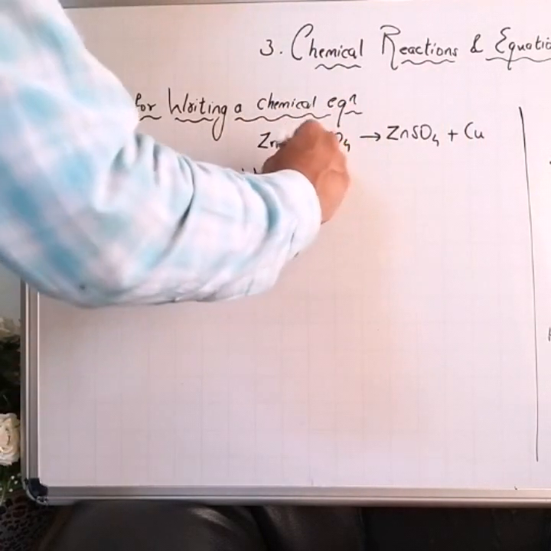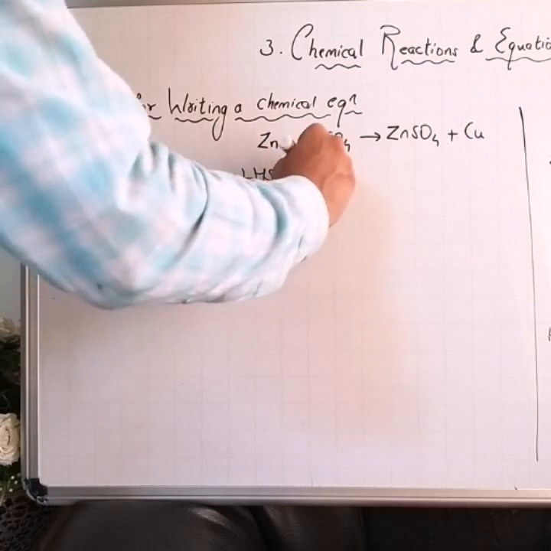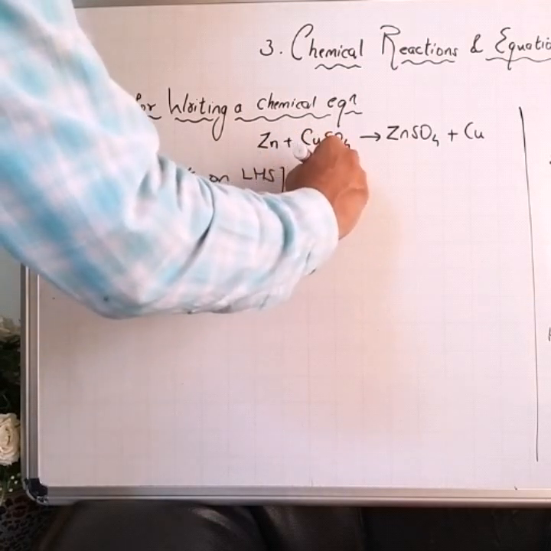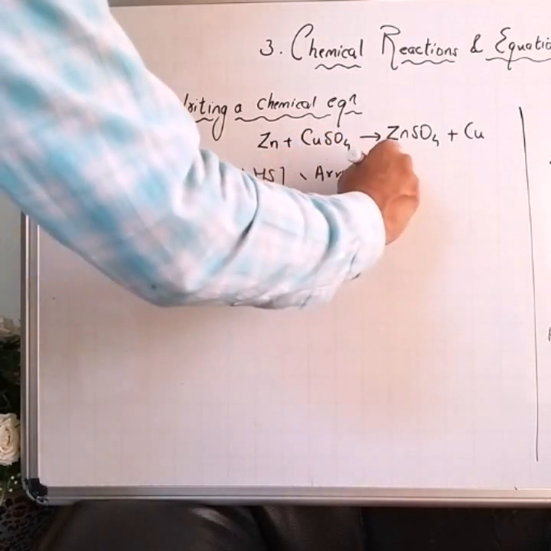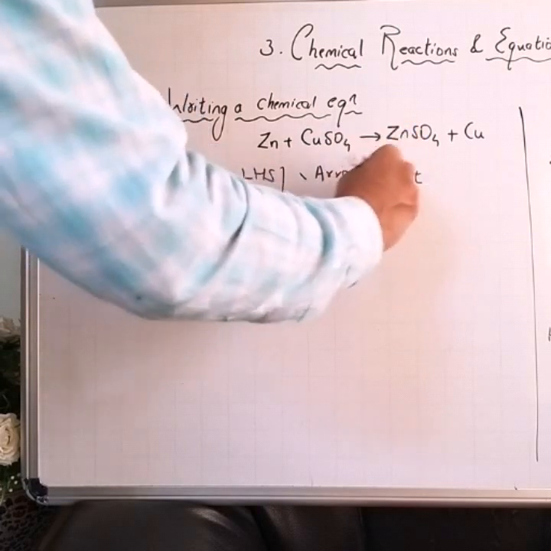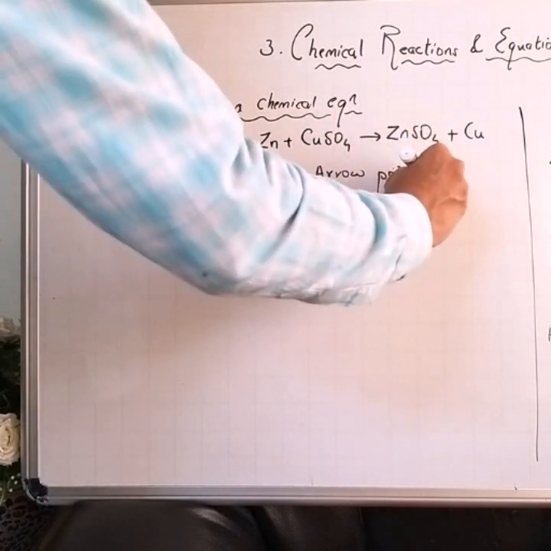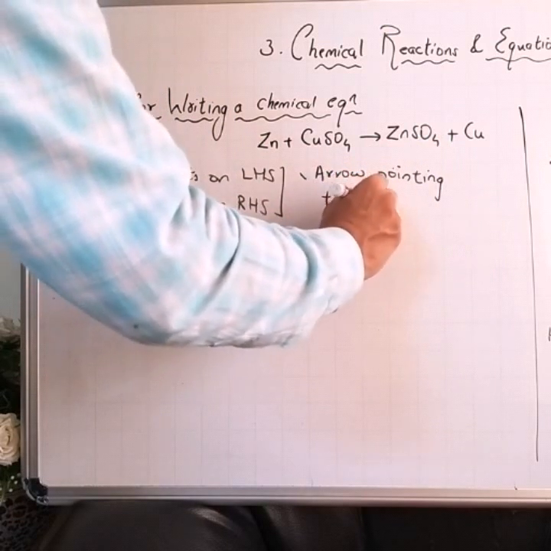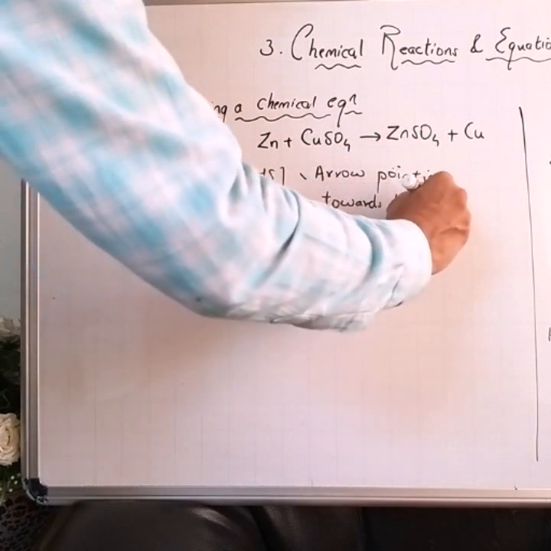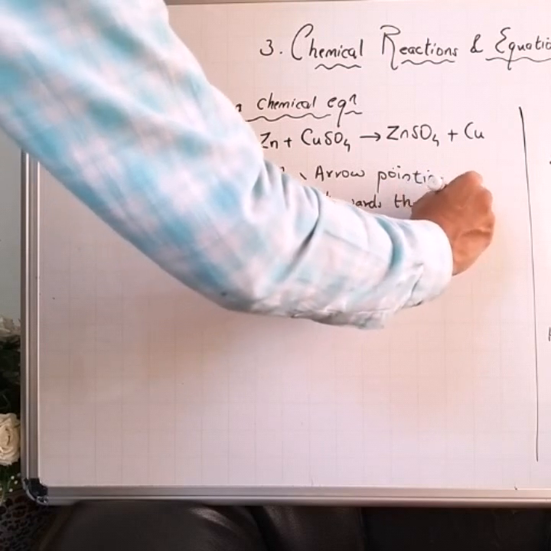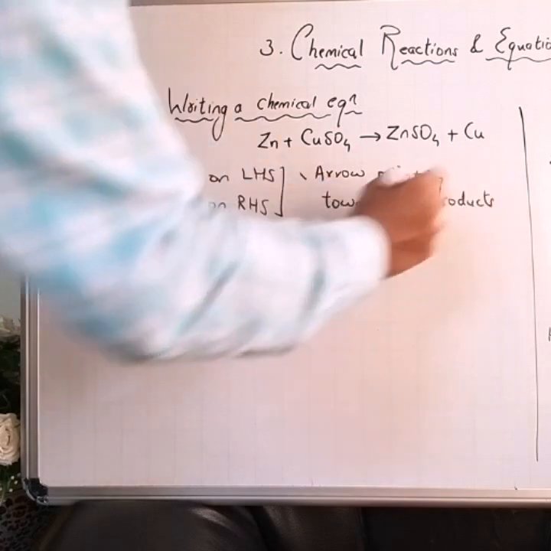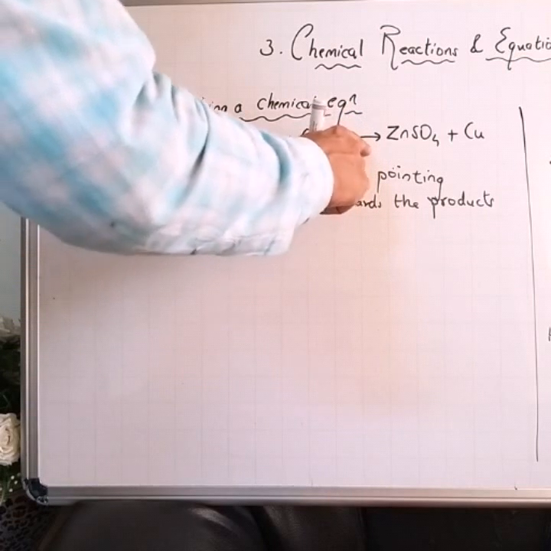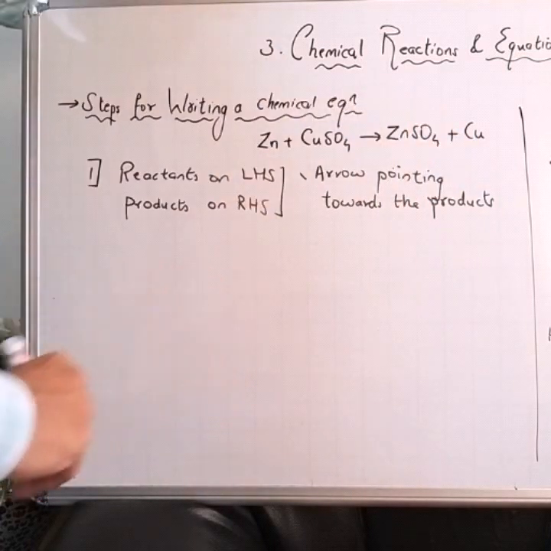And secondly, an arrow should point towards the products. Between the reactants and the products there should be an arrow, and the arrow should be pointing towards the products.